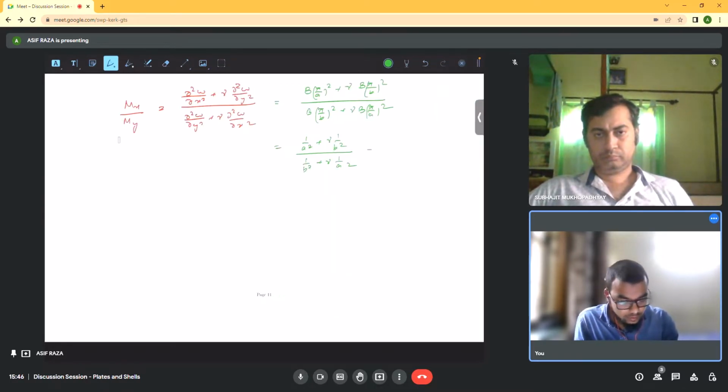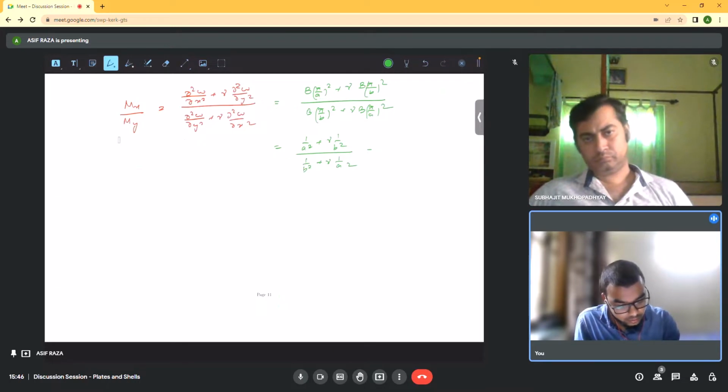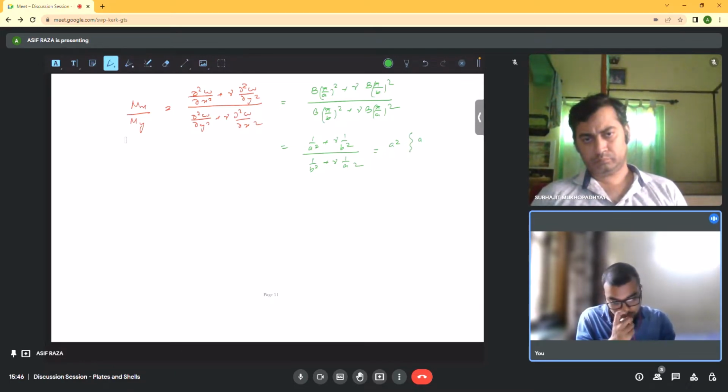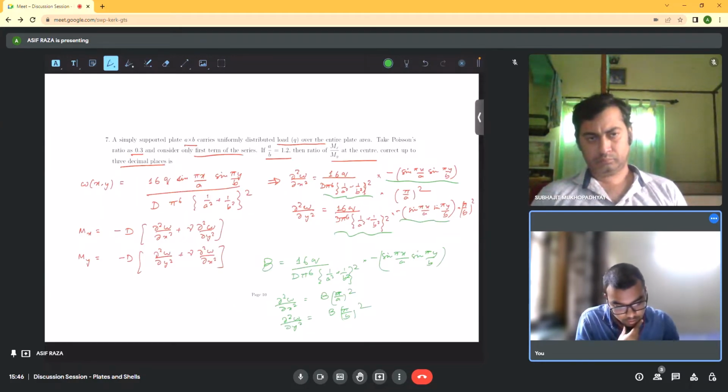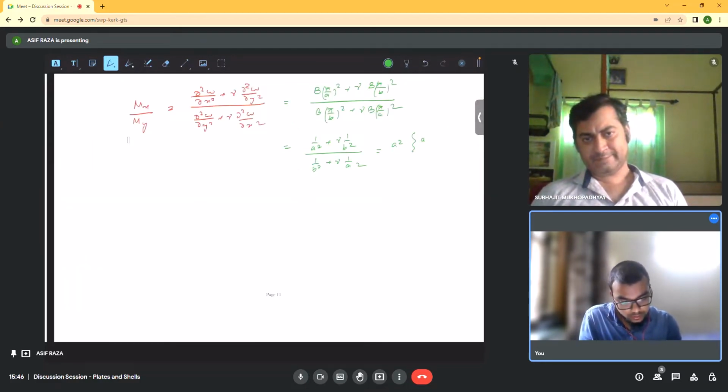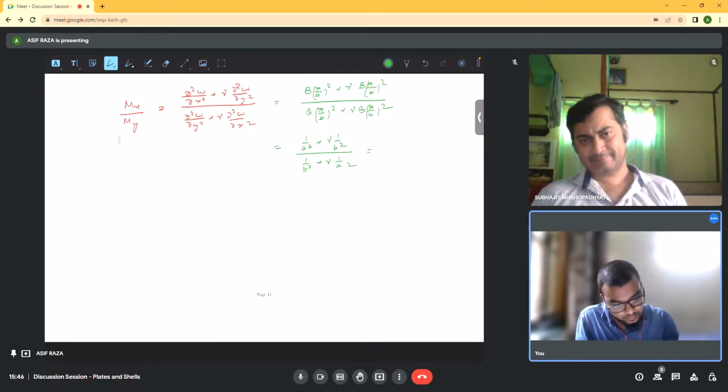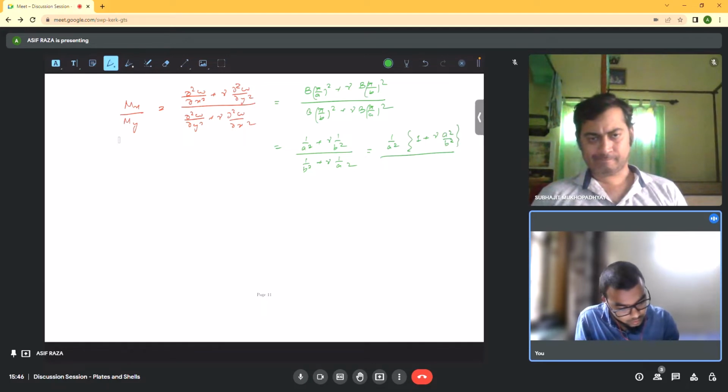So if we take 1 by A square as common, we'll get 1 plus mu A square by B square, and similarly in the denominator, A square by B square plus mu.